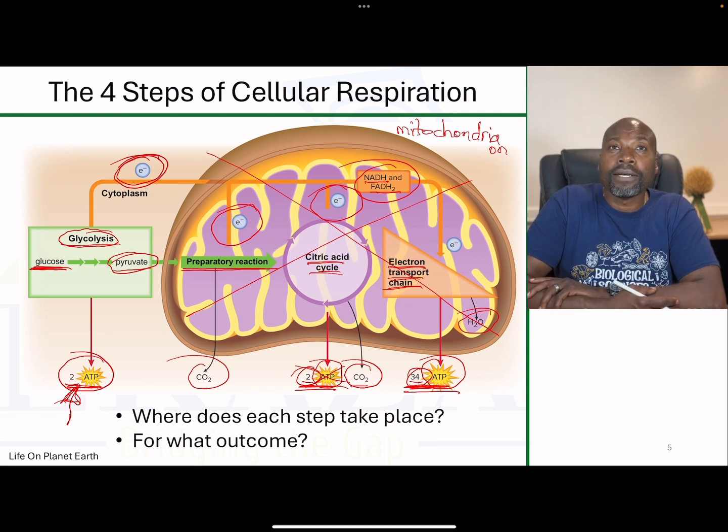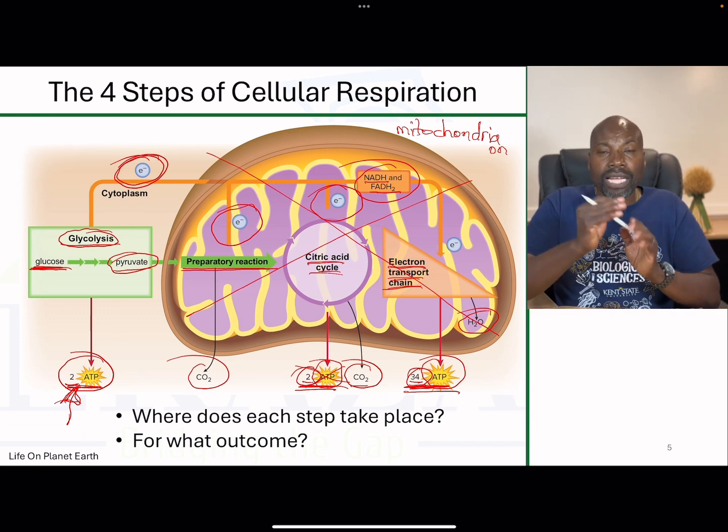That's why we die very easily within 6 to 10 minutes when we ingest enough cyanide, right? So let me close that parenthesis.